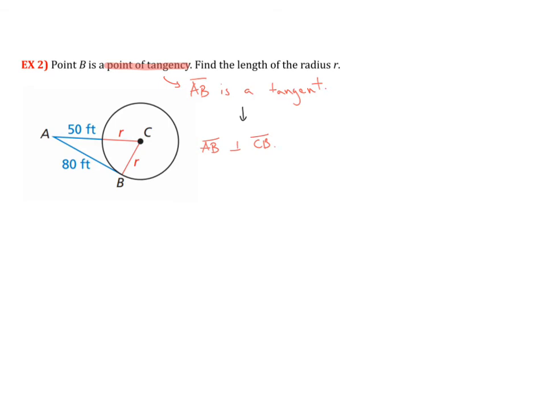And if we make a right angle with these two segments, this means that triangle ABC is a right triangle. So, because triangle ABC is a right triangle, and I'm working with the sides of the right triangle, what I'm going to have to end up using is the Pythagorean theorem.